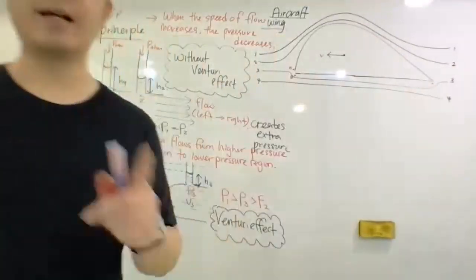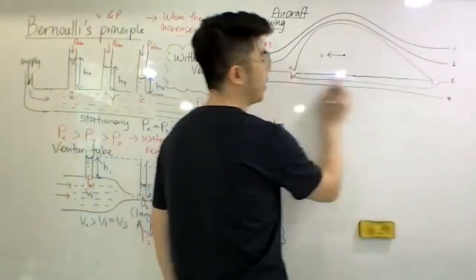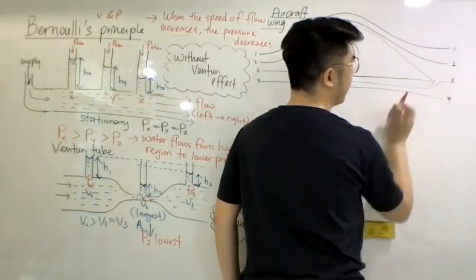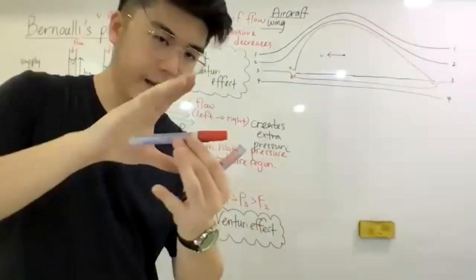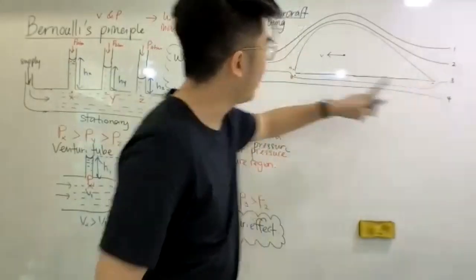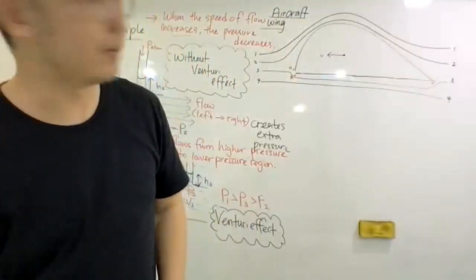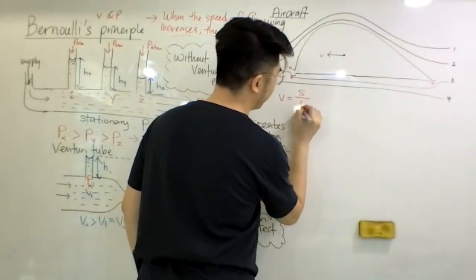If I say that they have to reach the end at the same time, these two particles have to come here at the same time, just like the air cut through, and then the air has to come at the same time. If they want to come at the same time, then which particle travels faster? V equals distance over time.